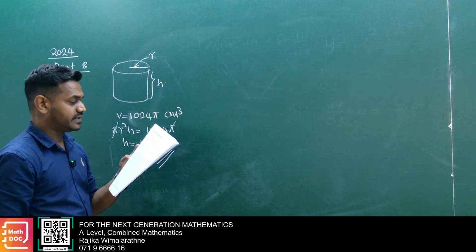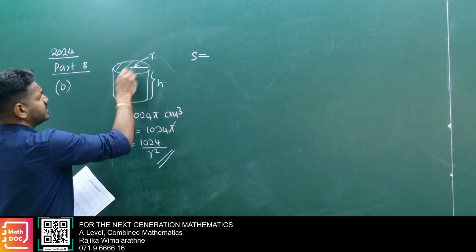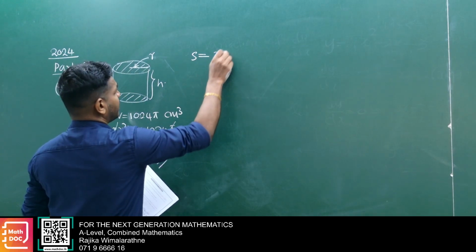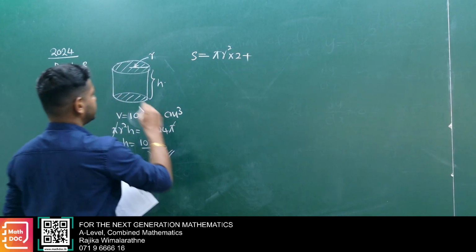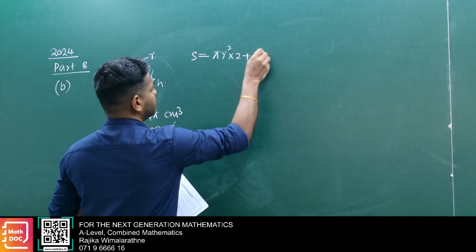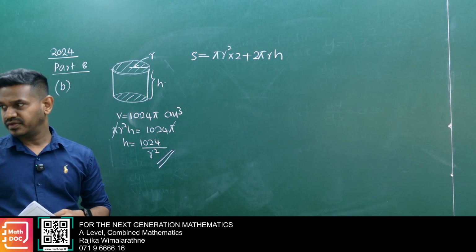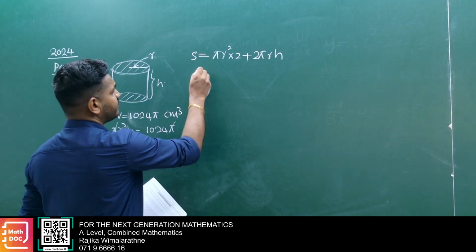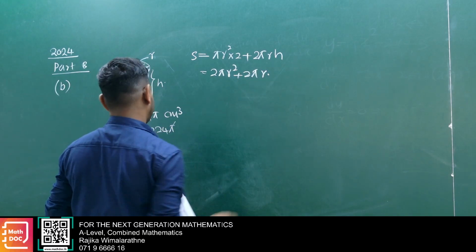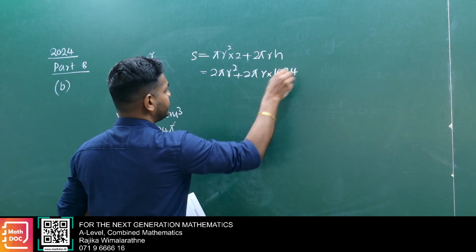Show that the total surface area is as follows. Surface area: two circular bases, pi r squared times 2, plus the outer surface area, 2 pi r h. That gives 2 pi r squared plus 2 pi r h. For h, take 1024 divided by r squared.